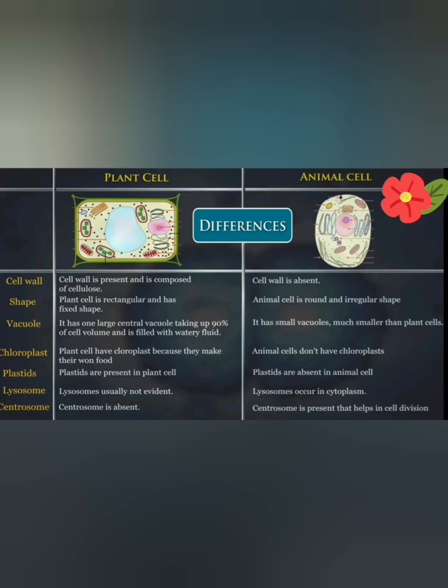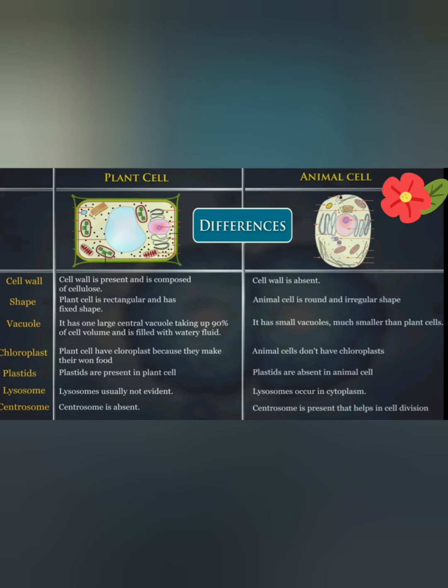Vacuole: plant cell has one large central vacuole taking up 90% of cell volume and is filled with watery fluid. In animal cell, it has small vacuoles, much smaller than in plant cells. Chloroplast: plant cells have chloroplast because they make their own food. Animal cells don't have chloroplast.